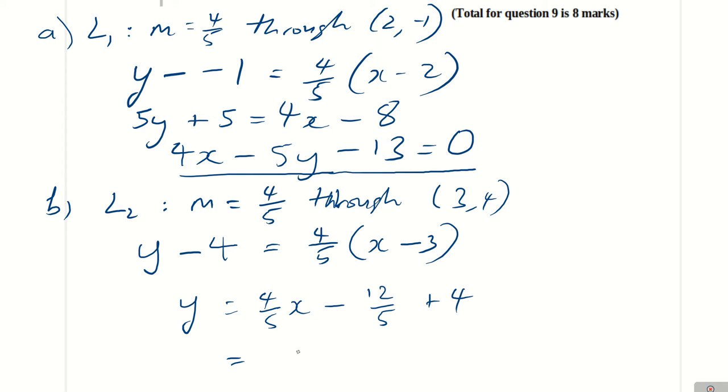And we can tidy it up. 4/5 x. Now 12/5 is 2 2/5. So 4 minus 2 2/5 is 1 3/5. So plus 1 3/5. And there we have it.